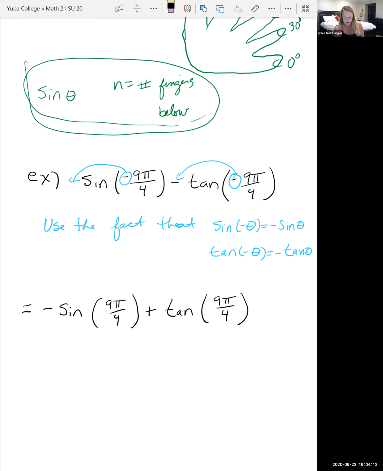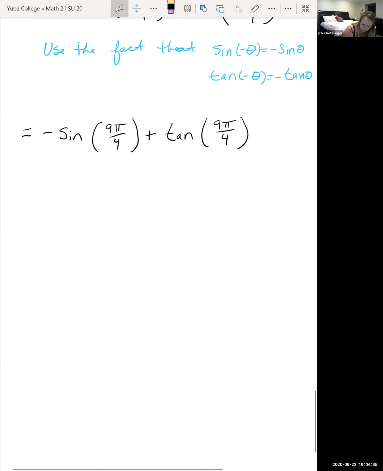So once I did that, I would figure out where 9 pi fourths is. So to get an idea, because my numerator is larger than my denominator, 4 goes into 9 twice with 1 left over. So 9 pi fourths is 2 pi, which is 1 full rotation, plus pi fourths.